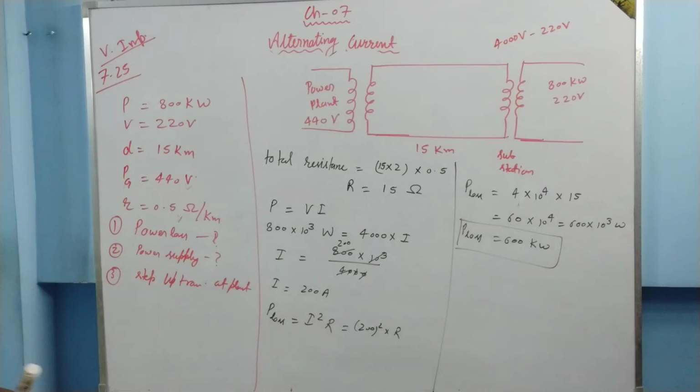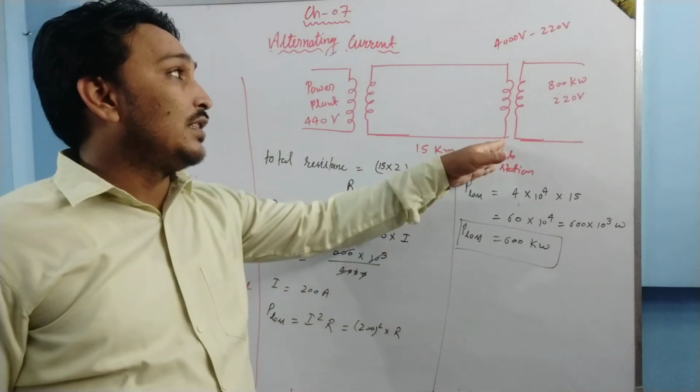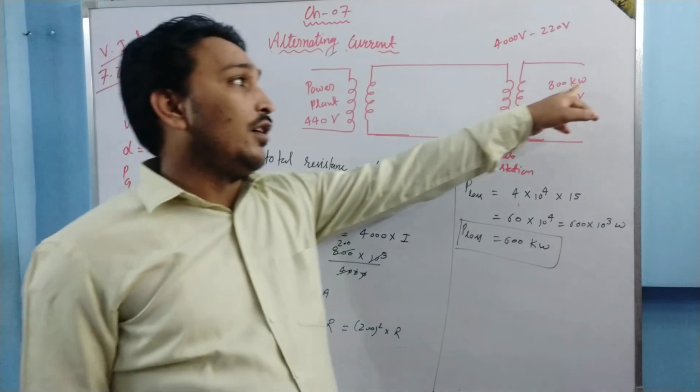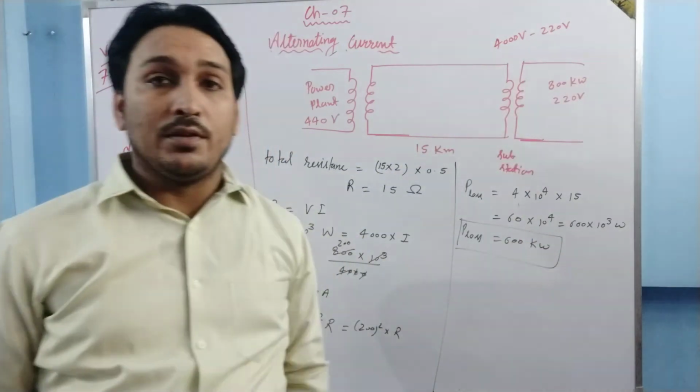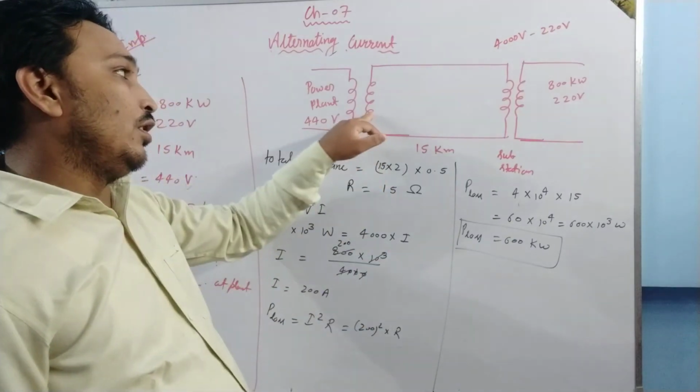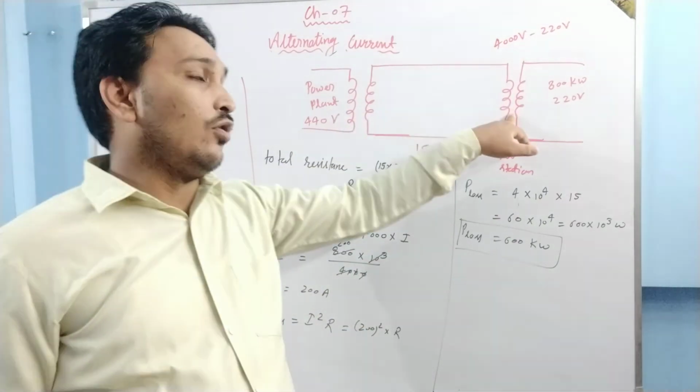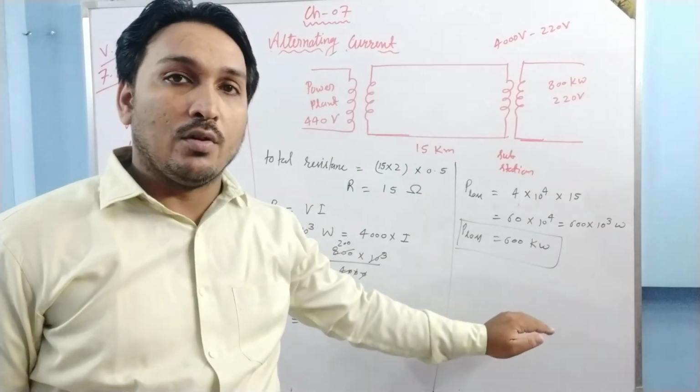Now this is having a power of 800 kilowatt. 600 kilowatt is the power which is lost. So what should be the power here? 800 kilowatt we are having, 600 kilowatt we have lost.